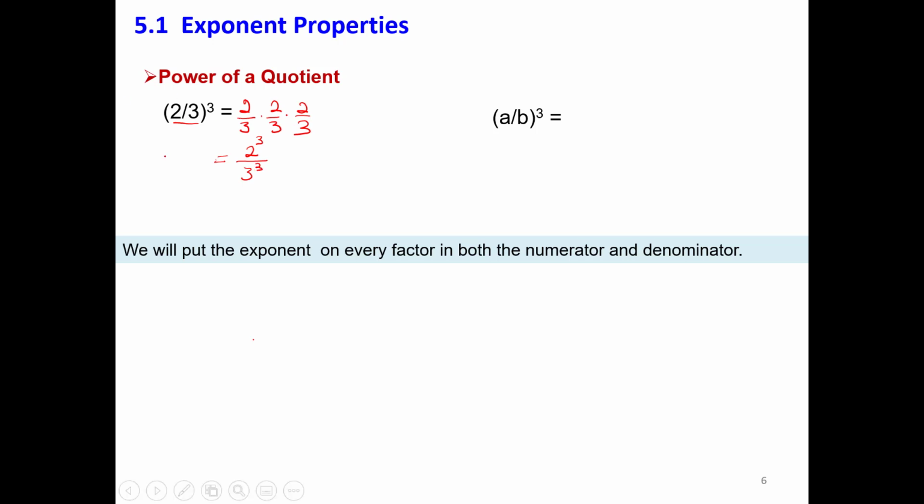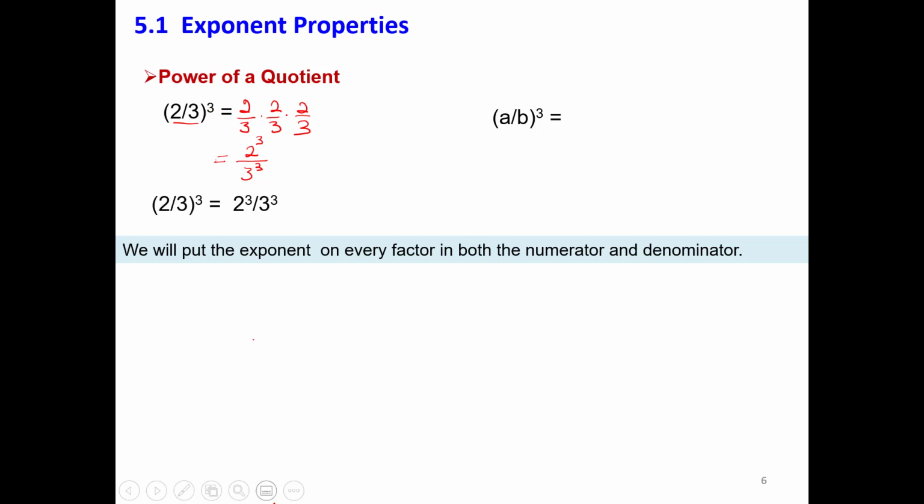If we have this kind of problem, we can put the exponent on every factor, in both the numerator and the denominator. We can just put 2 to the third, 3 to the third.